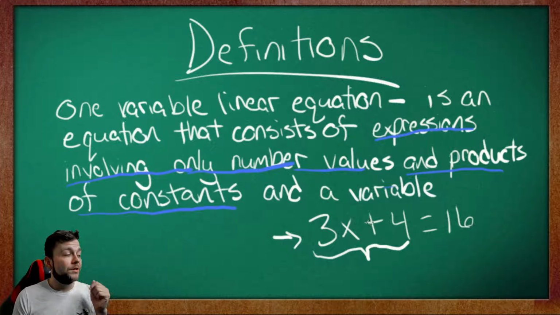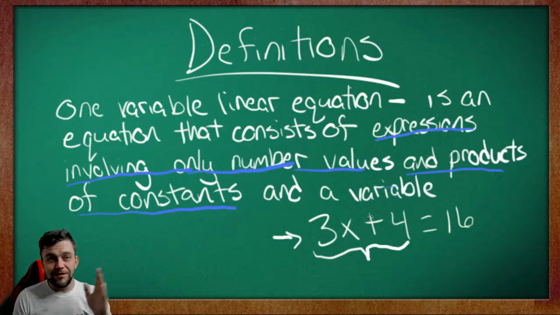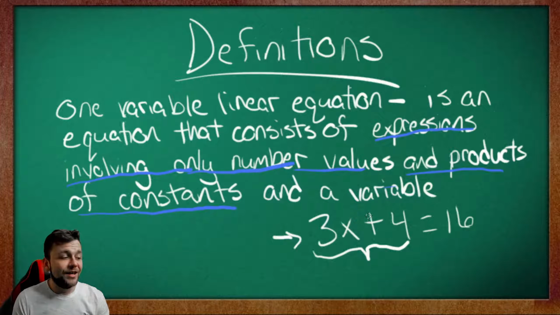So this is an expression involving only number values and products of constants, okay? When you have division, technically division is a product of a constant, so we don't need to get into the technicalities there, but division is okay. It is still a one variable linear equation, and that's the definition.